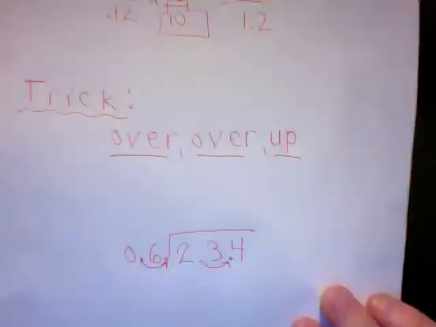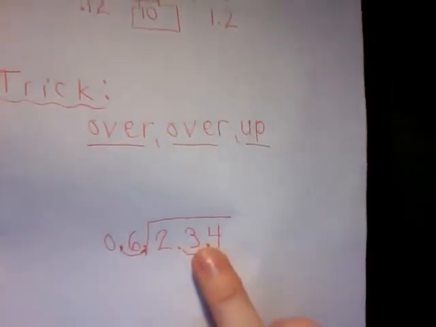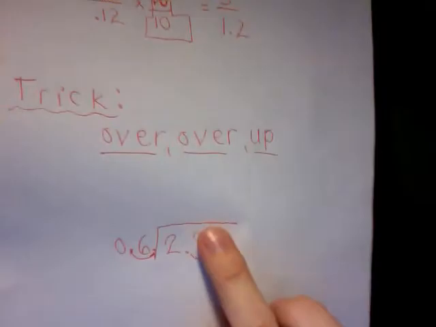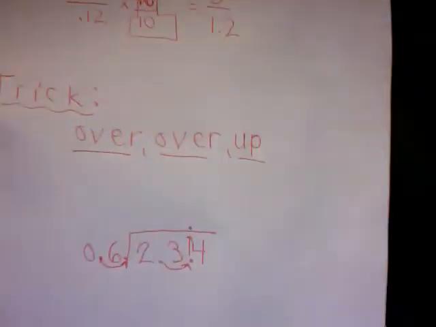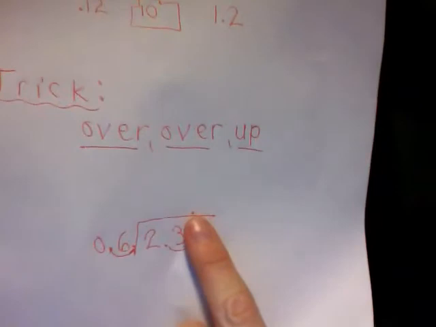Sorry, I have papers flying everywhere here. Okay, so I've moved this over. I've now moved this over. This is where my decimal is now. So my decimal in my answer is going to go straight up. Okay, so I've gone over, over, up.